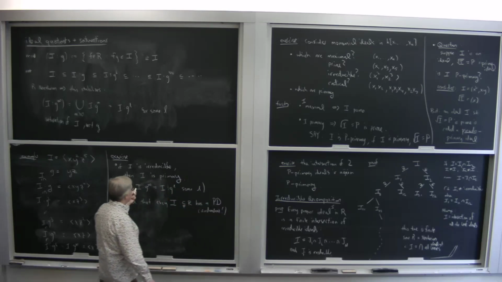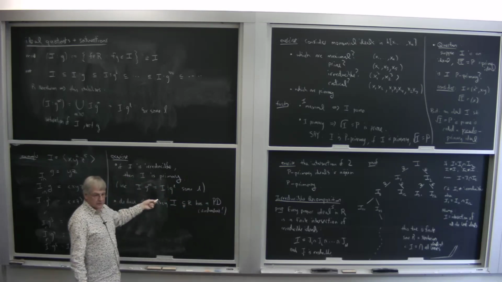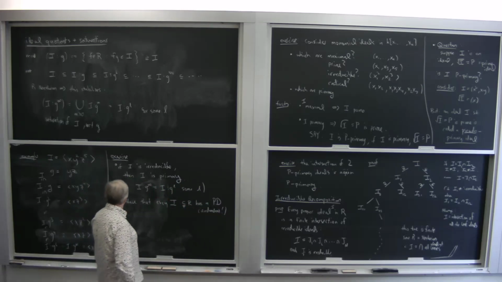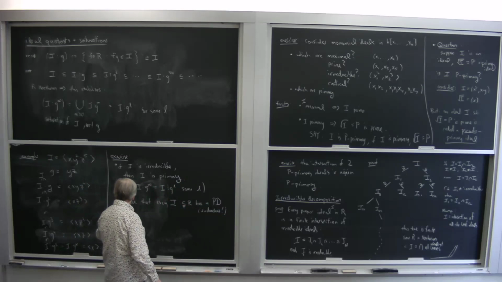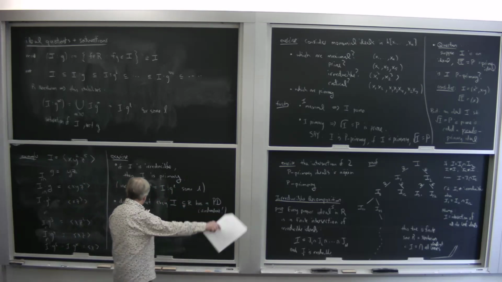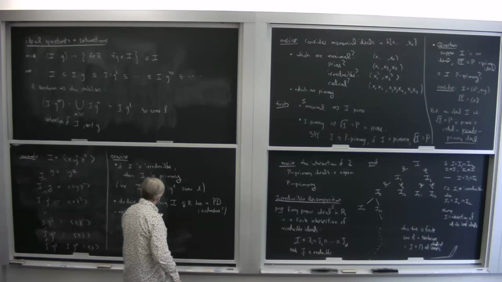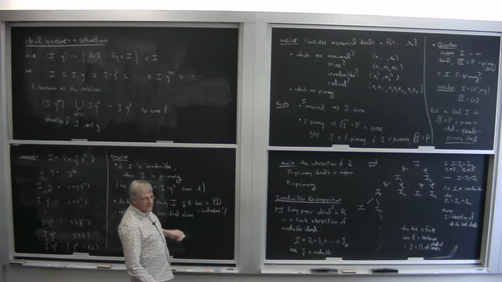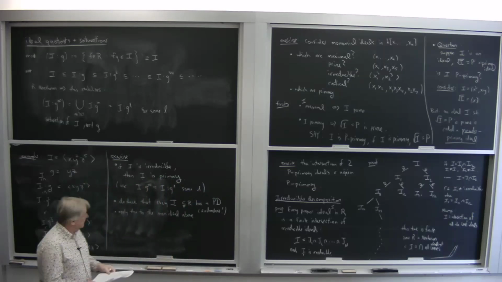Well, it will already be a PD once this is true, and then you just have to combine things. And then apply this to the monomial ideal above. Okay, so I'm writing down the exercise twice somehow. They're in here, but at any rate, that's what we have.